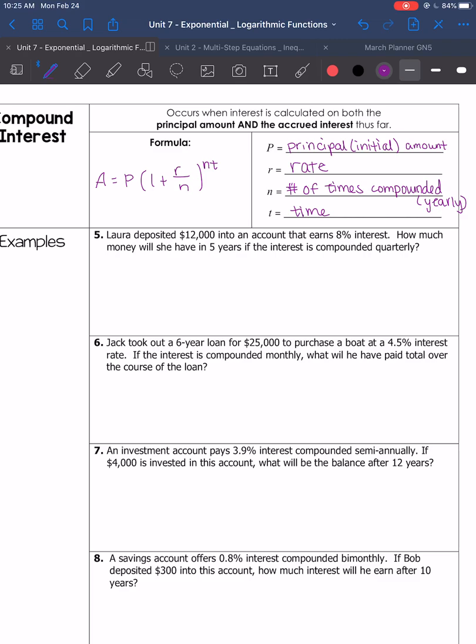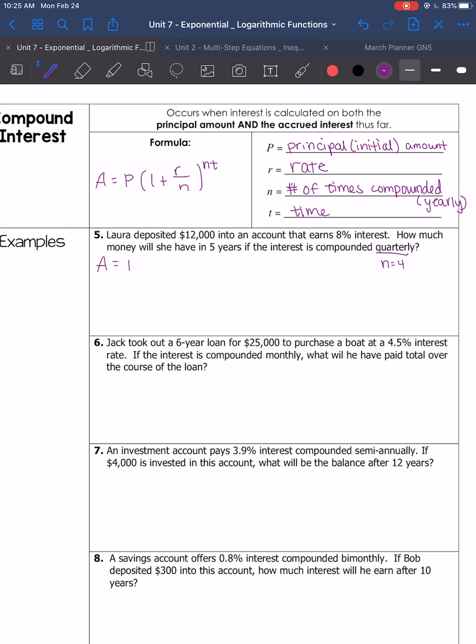All right, so quarterly, let's read it. Laura deposited $12,000 into an account that earns 8% interest. How much money will she have in 5 years if the interest is compounded quarterly? So quarterly means 4 times, so n equals 4.